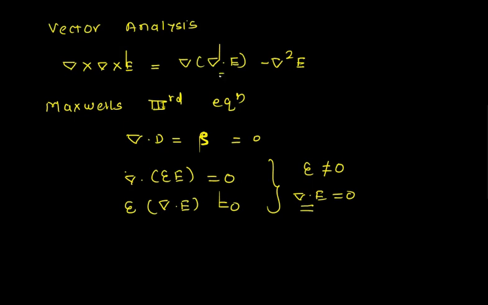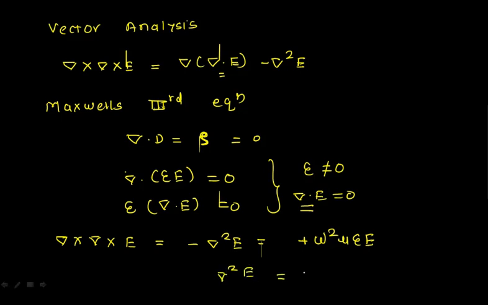So if you put value 0 here, I can write the above equation, del cross del cross E, as this complete term will be 0, so it will be minus del square E. And I have already defined this as plus omega square mu epsilon E. Similarly, you can write it for the others. So if you summarize this, del square E is equal to minus omega square mu epsilon E.